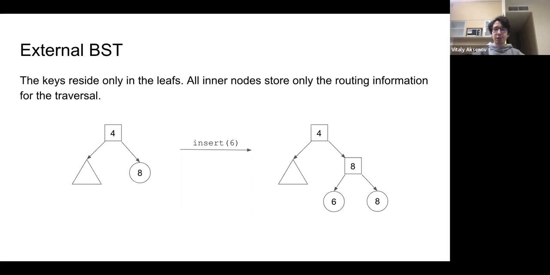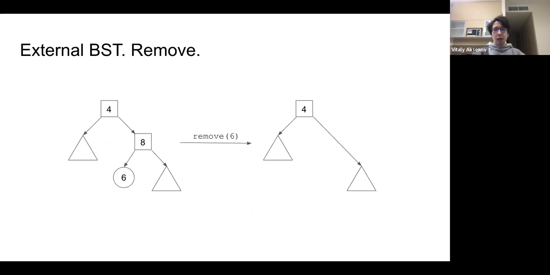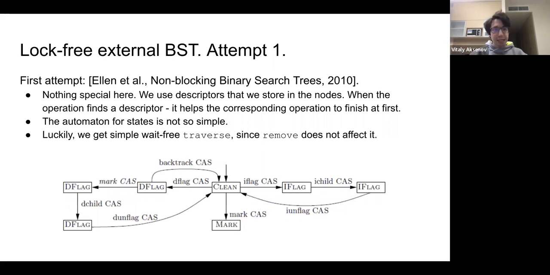Then you create a special routing node 8, and you add 6 as a child. Remove is also pretty simple. We just remove an element and its routing parent.